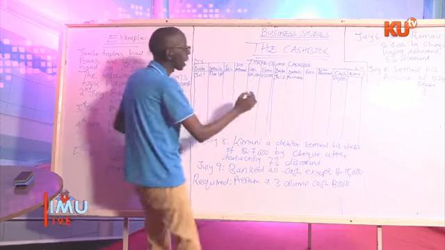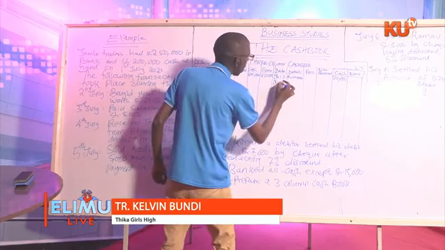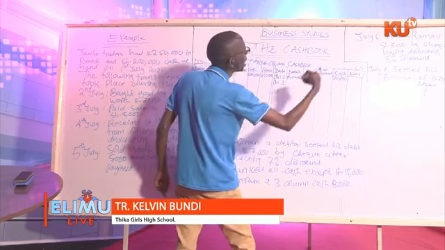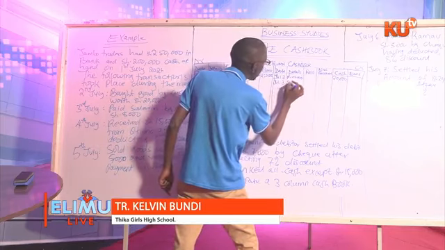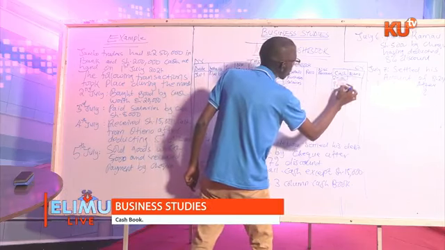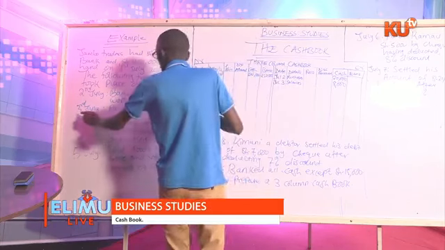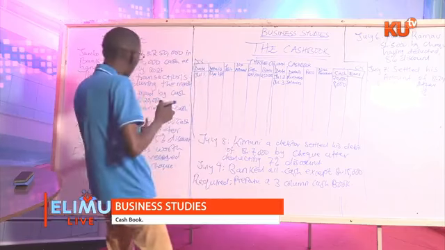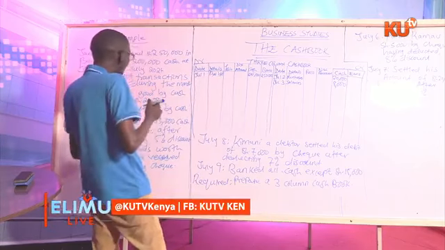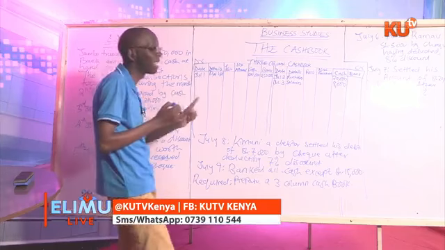So we'll also credit July 3. The details will be, what did he do with the cash? He paid salaries. Salaries amount 8,000.